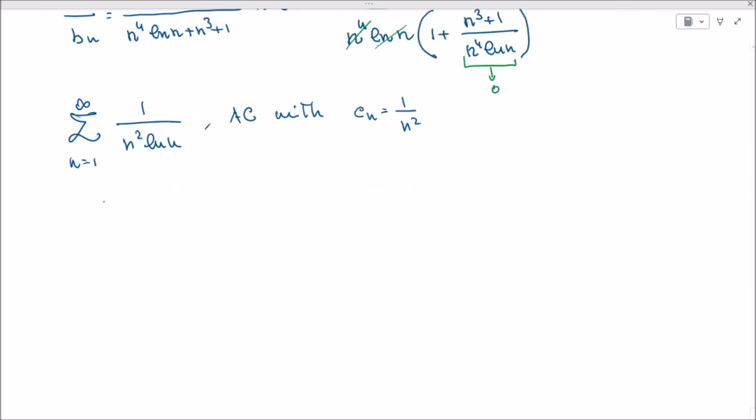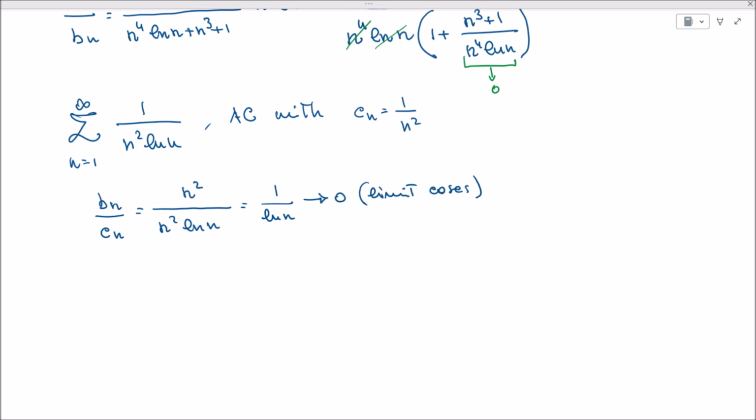So this time we need to write Bn over Cn and see what is the limit as n goes to infinity. This is n squared divided by n squared logarithm of n, which is nothing else than 1 over the logarithm of n, and as n goes to infinity, this goes to 0, so we are in one of those limit cases.